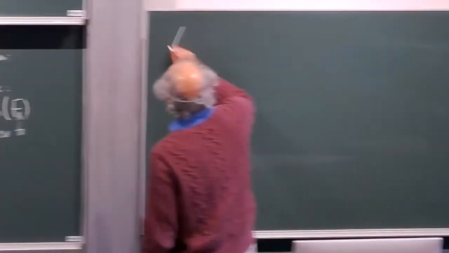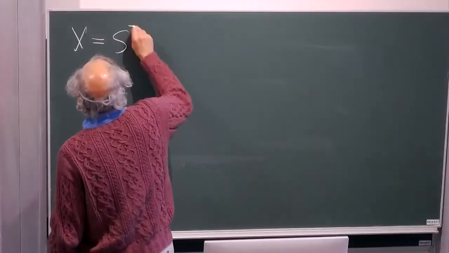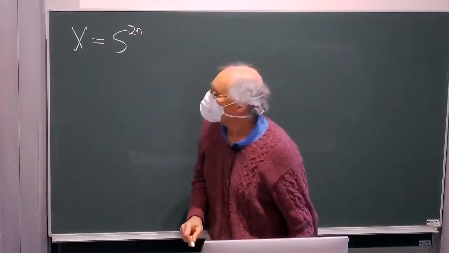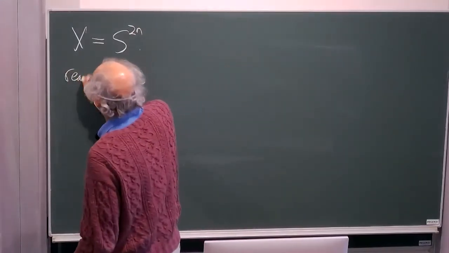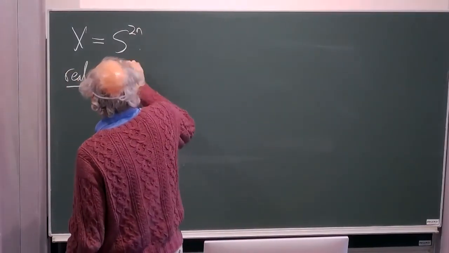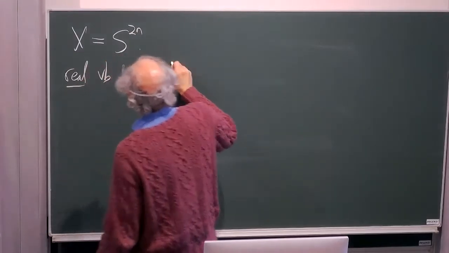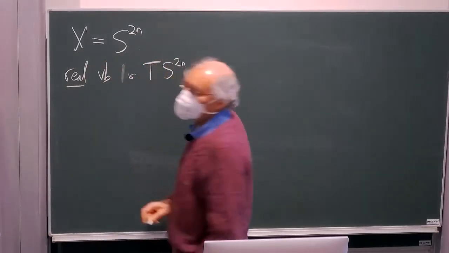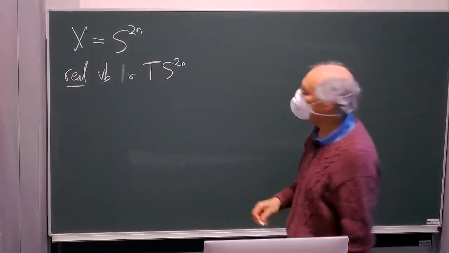So I will take X to be an even sphere. And I will take the real vector bundle to be just the tangent space. This vector bundle has rank 2n.